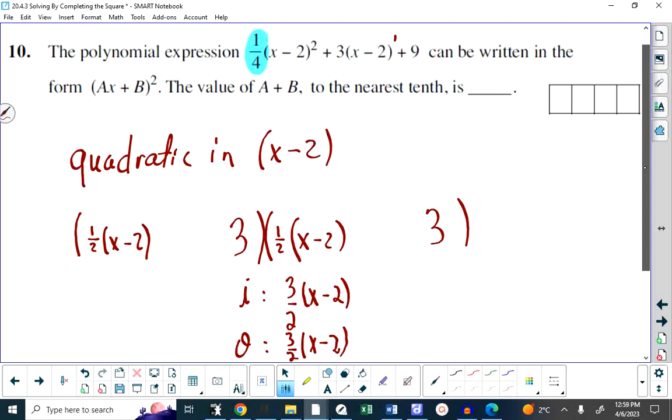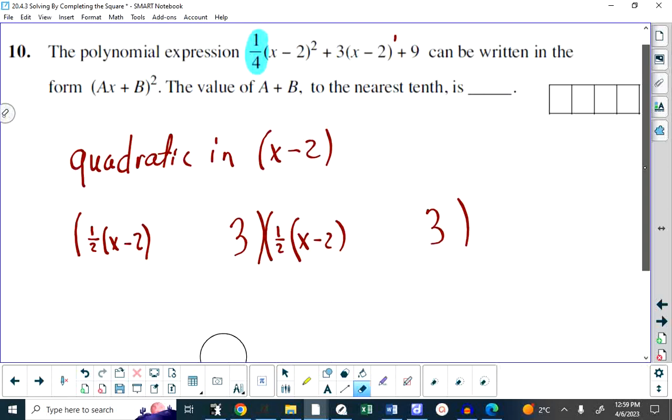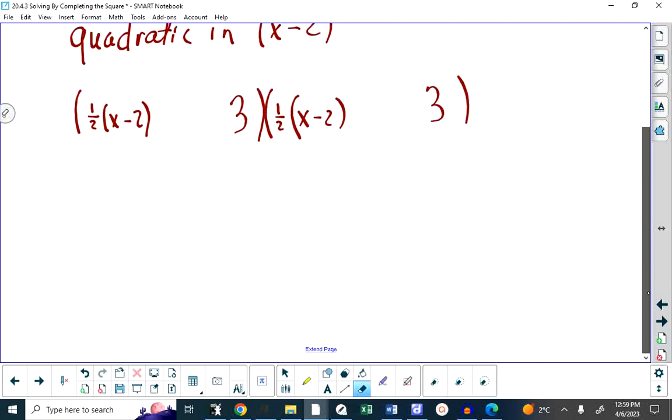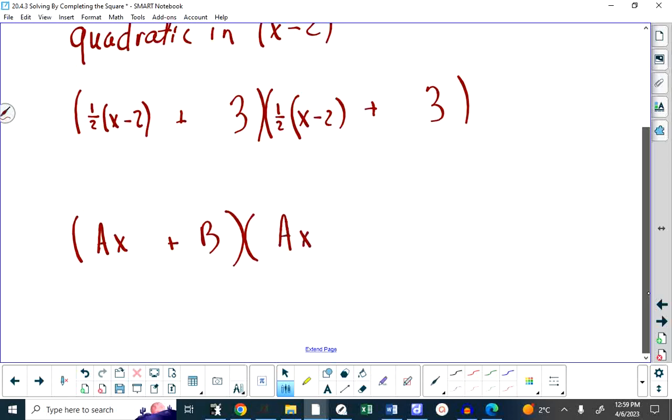What we have to do now is simplify all of this, because we are asked for A and B. I think we're asked for the sum of them. So I need to simplify this: 1/2 of x minus 2, and then add 3.